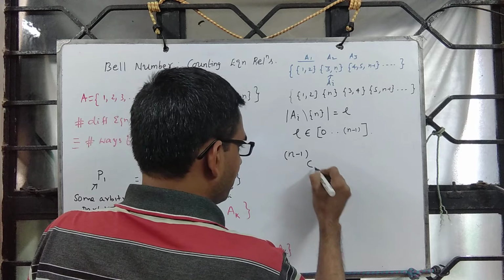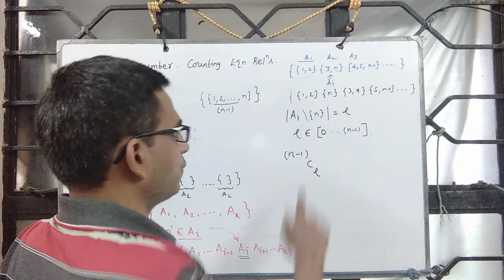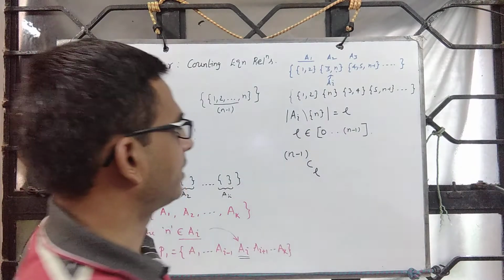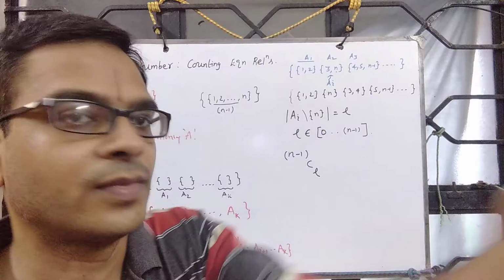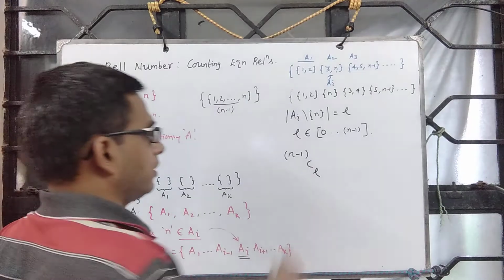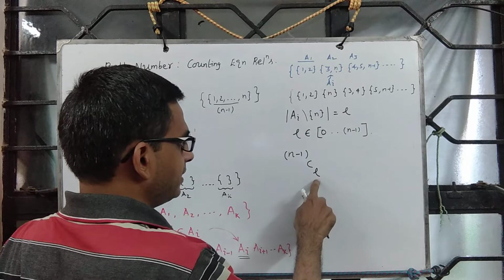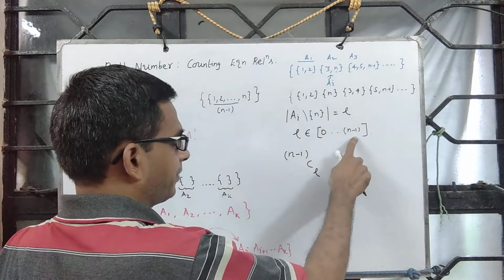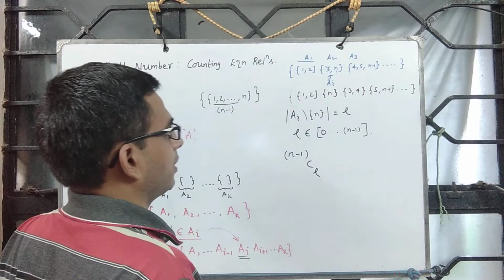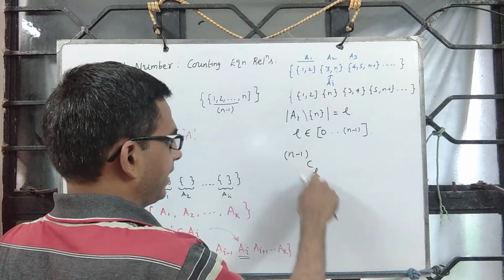In that, we choose L. That goes into the set, the subset Ai. So, apart from n, there are L elements. So, the possible values are 0 to n minus 1. Okay, so it is n minus 1 choose L.